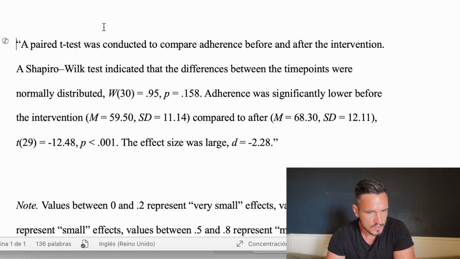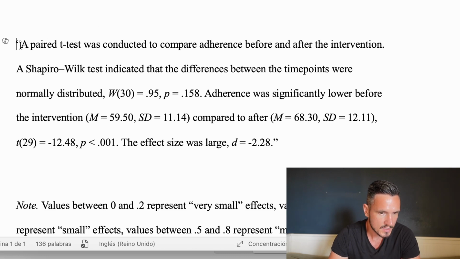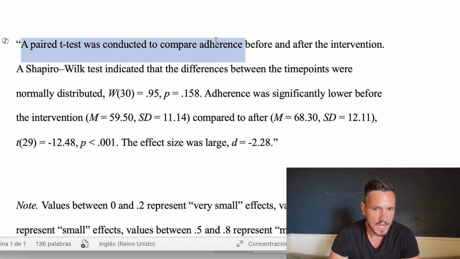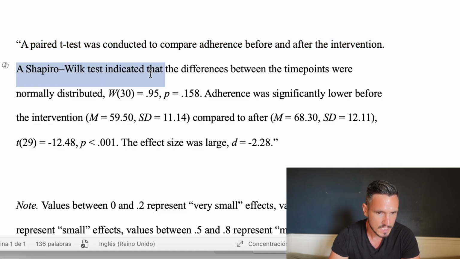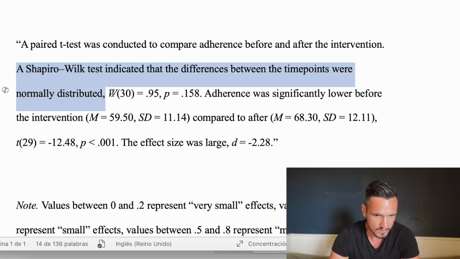So I have this example here, and I've started off by saying that a paired t-test was conducted to compare adherence before and after the intervention, and then I've said that a Shapiro-Wilk test indicated that the differences between the time points were normally distributed, and then I've inserted the statistics here.